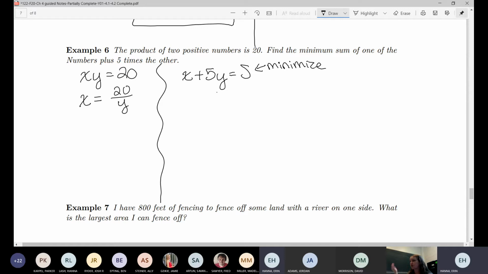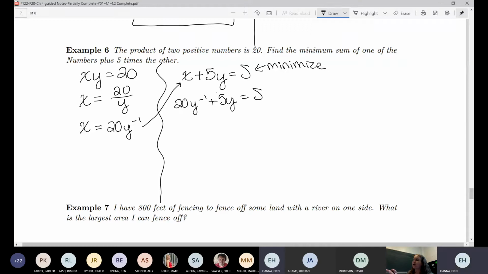But I personally think since x is by itself, it would be easier to replace the thing that's by itself. I also am eventually going to want to think about this as y to the negative first, so remember that that's equivalent. So I have x equals this, and I can replace that for the x in the sum equation. So we'll have 20y to the negative first plus 5y equals s.